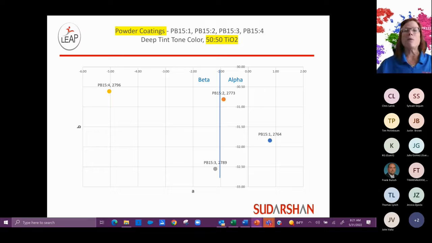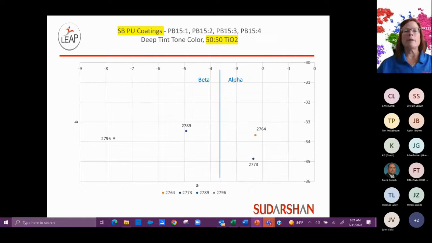If we take these same 4 products and put them in that solvent-based polyurethane liquid coatings formulation, here we see a bigger distinction between the alpha and the beta line between those 2 products. And so there's definitely a distinction between the 2.